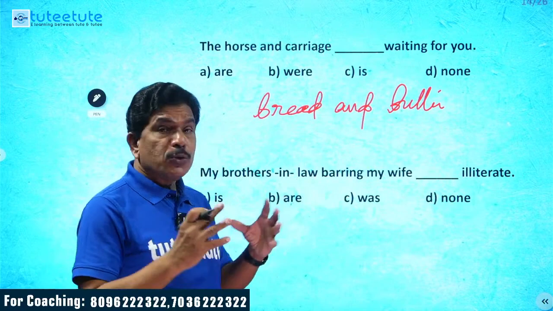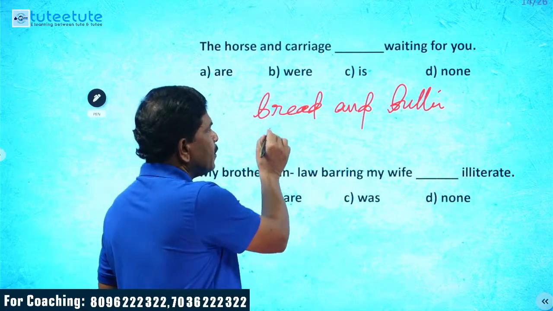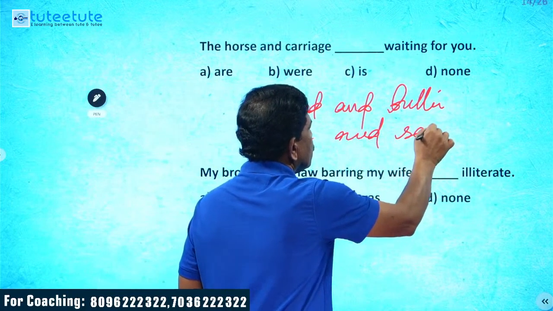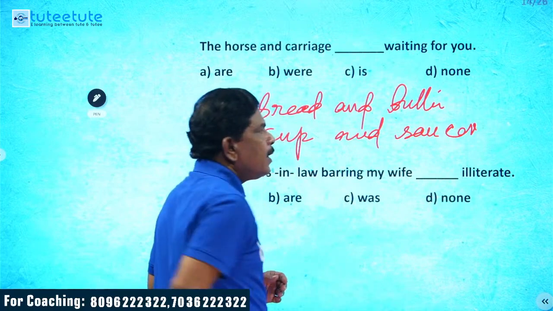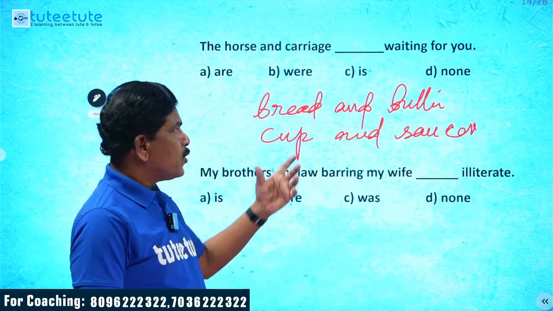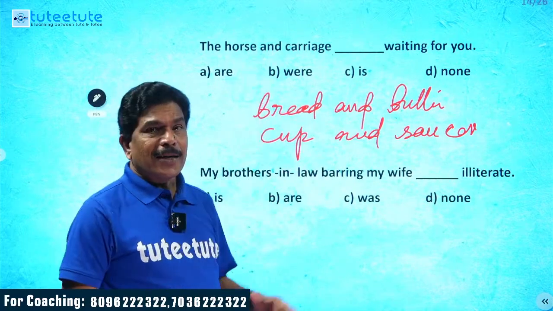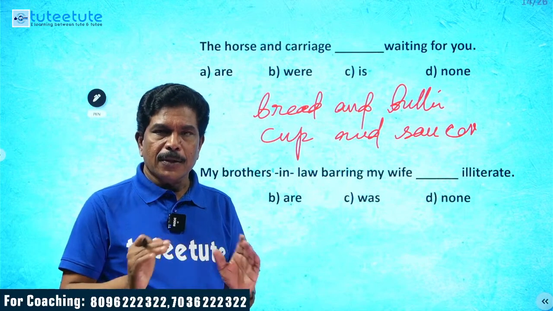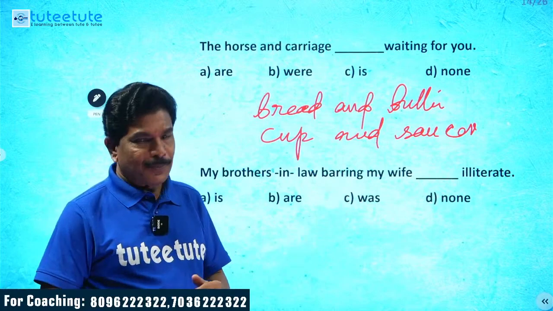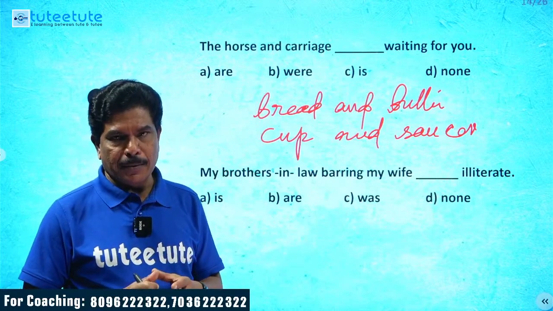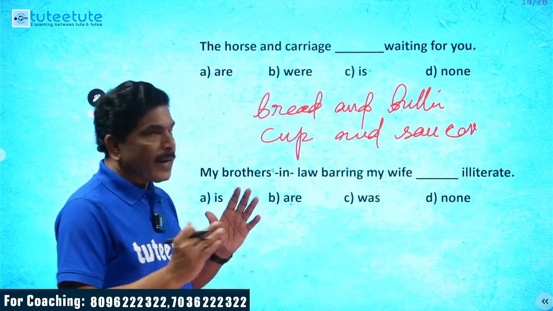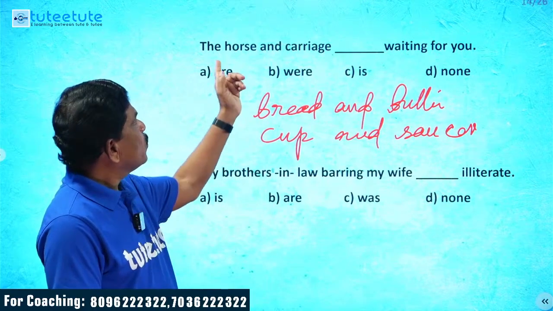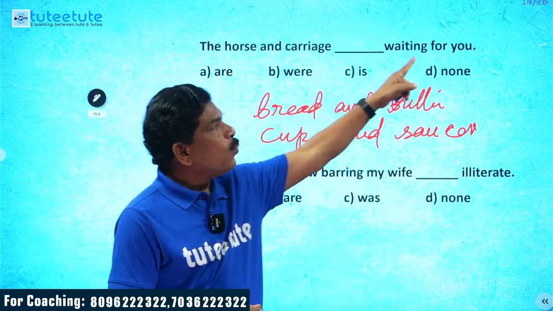These two nouns are used in pair. See, cup and saucer. Such pairs of nouns should be considered as singular because they are always used as a pair. Horse and carriage as a single unit. It's a single unit. So the horse and carriage is waiting for you.